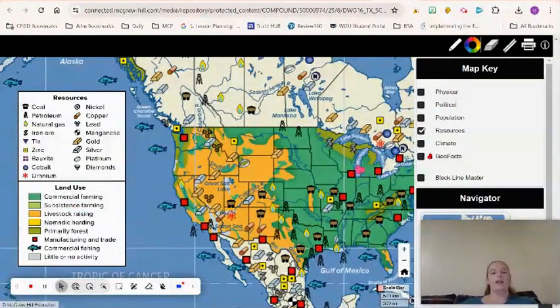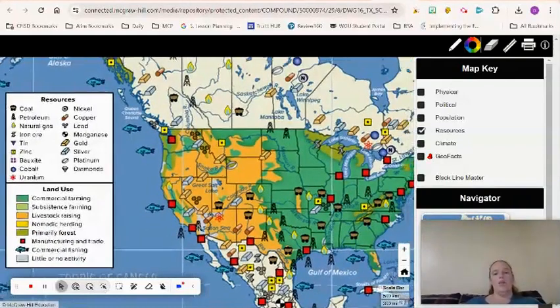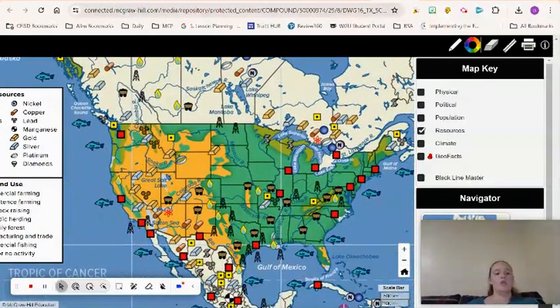So this green, that's commercial farming. That's our grains, our crops. The orange here would be livestock. And then the dark green here, that's primarily forest. And then, of course, we have lots of fishing and manufacturing and trade. Most of the U.S. has some sort of industry that it can be used for.